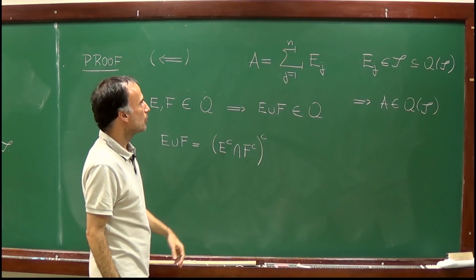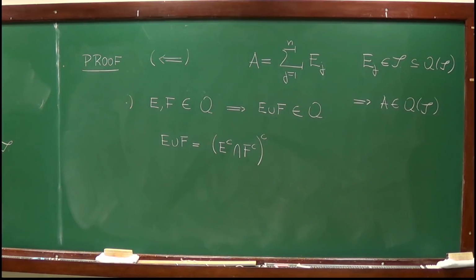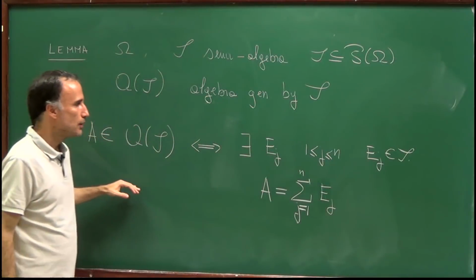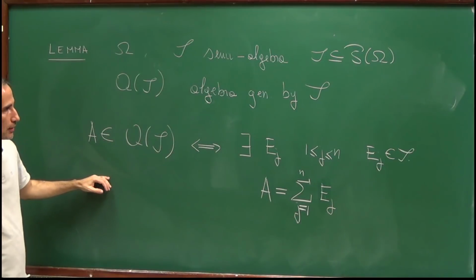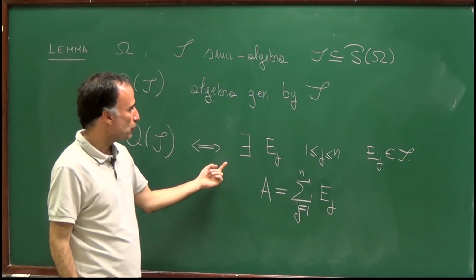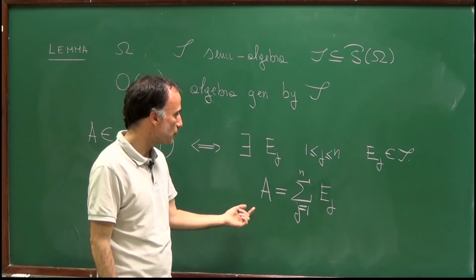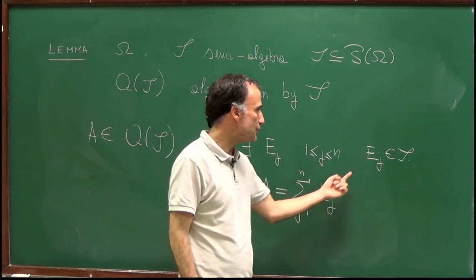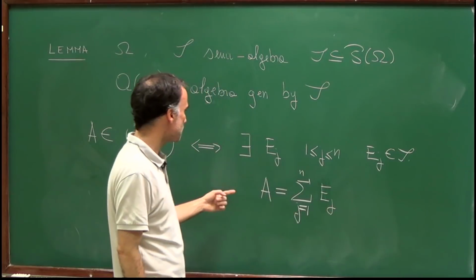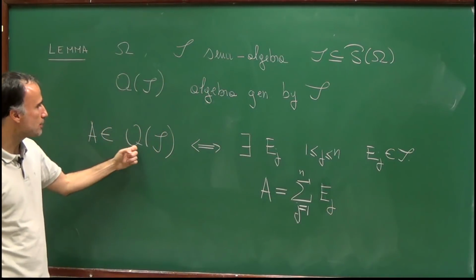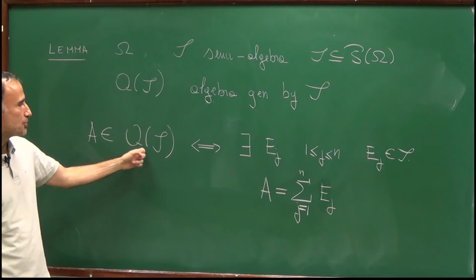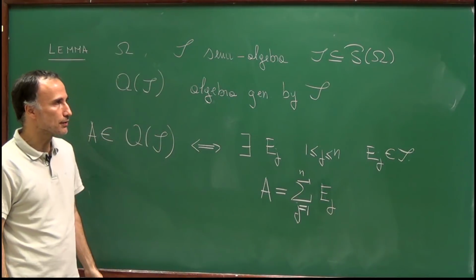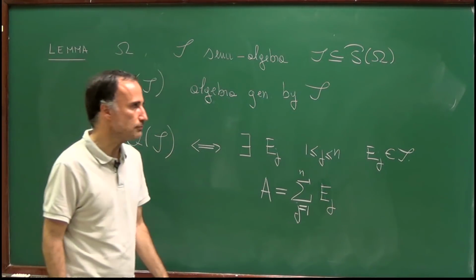Going back to the statement of the lemma, one piece of the statement was saying that if A is the union of sets E_j belonging to the semi-algebra, then A is an element of the algebra generated by S, and this is what we just proved.